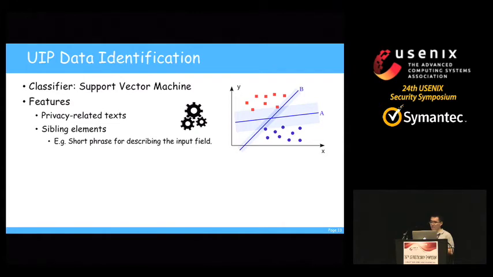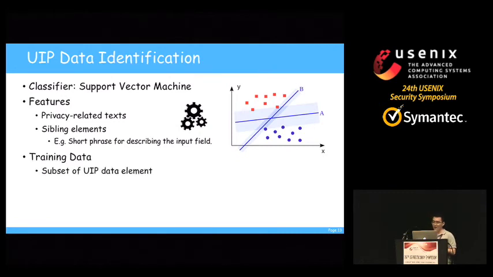Since we observed that many elements can also be described by text in its symbol, which is another layout element near it rather than itself. For example, the password field could be described as the short phrase, "Please input your password," just on the top of it. So we also take the symbol elements into consideration as features as well.